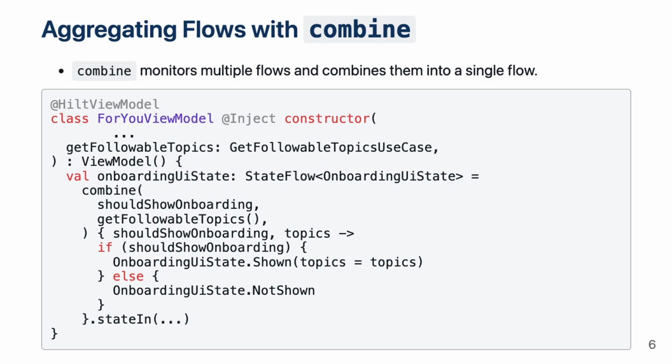Furthermore, the generated data is transformed using state_in into a type that is easy to monitor in the UI. In this way, aggregating multiple flows allows you to maintain flows at an optimal granularity while transforming them into UI states that are easy to use in the UI.